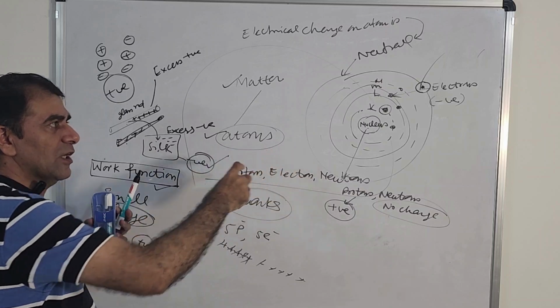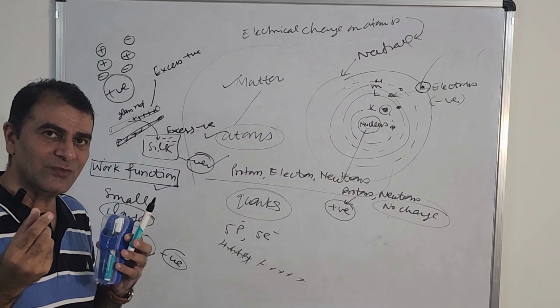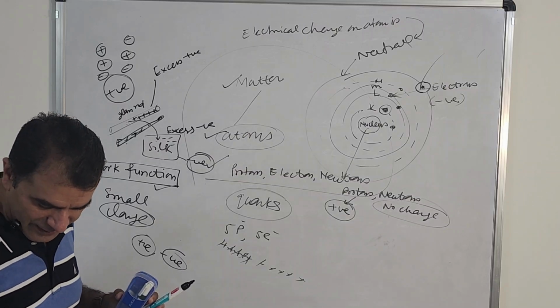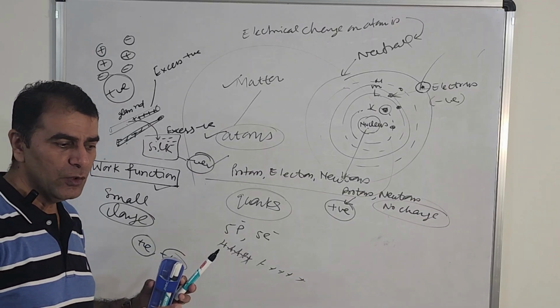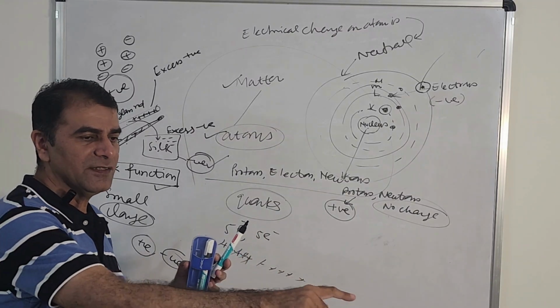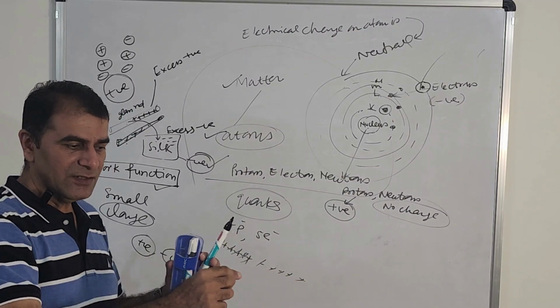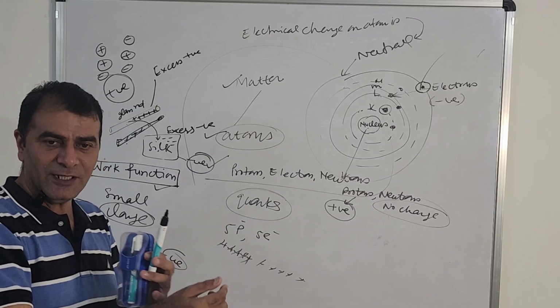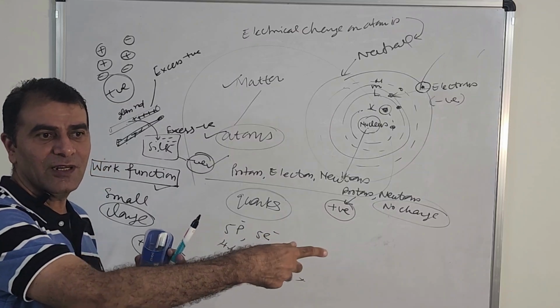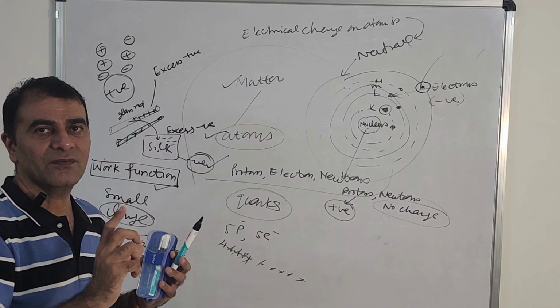So the outermost electrons of the sofa's atoms, you are pulling them onto your body, and they get attached to your body. When you stand up from the sofa and touch somebody, the excess electrons you collected from the sofa get transferred to that person, because that is at another potential. So there will be a spark.